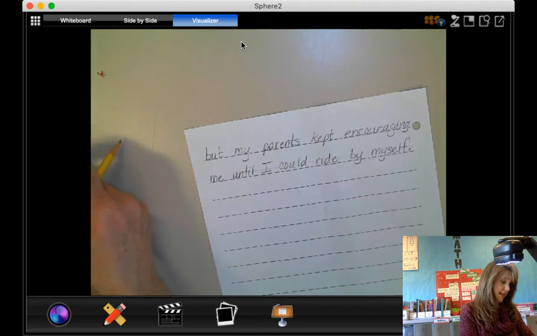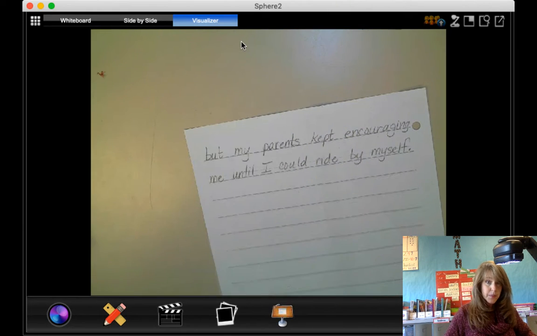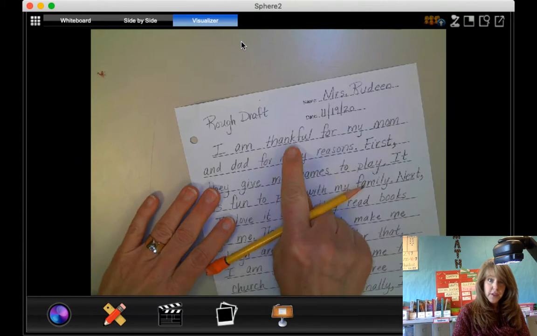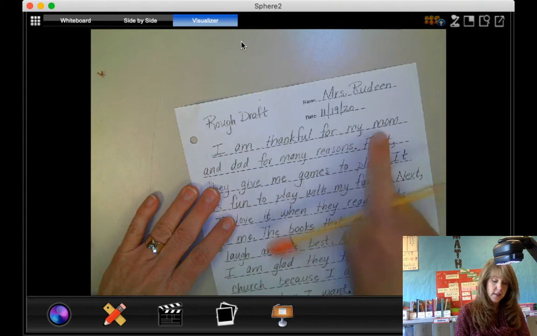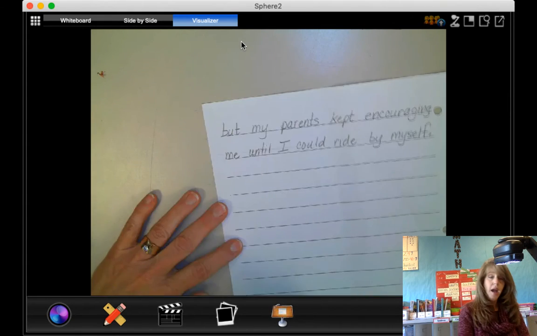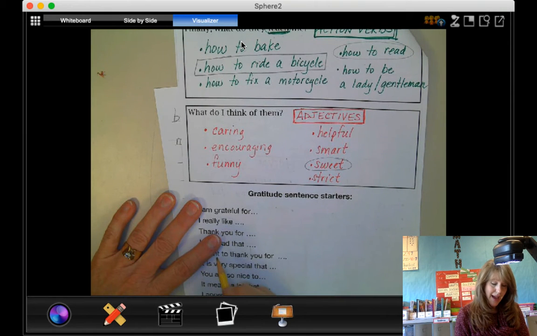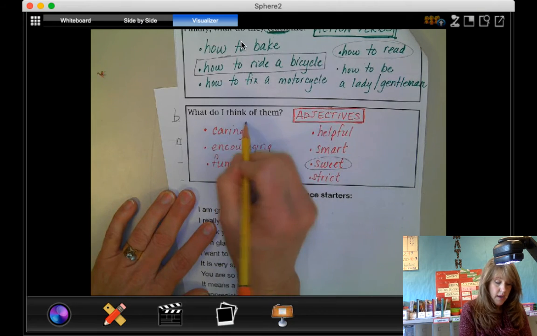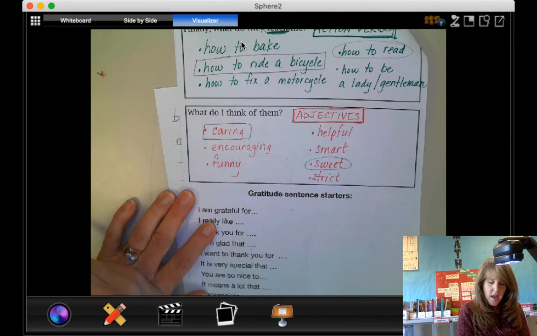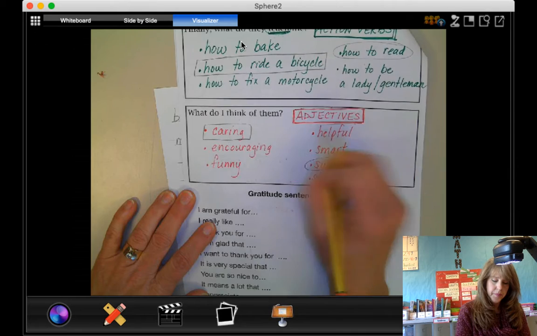And finally, I want to re-explain how thankful I am for my parents. So on the very back, I'm going to tell you what I think of them. So I'm going to choose the word I think my parents are very caring and very helpful.